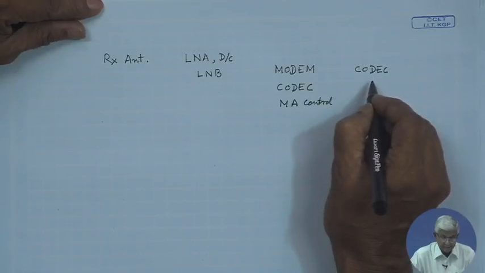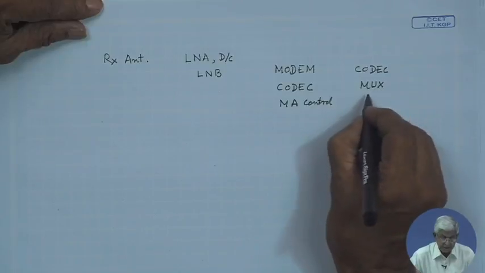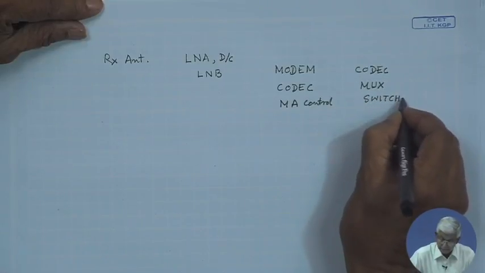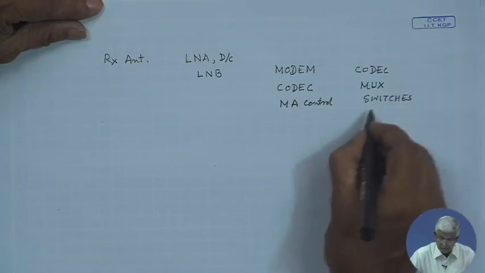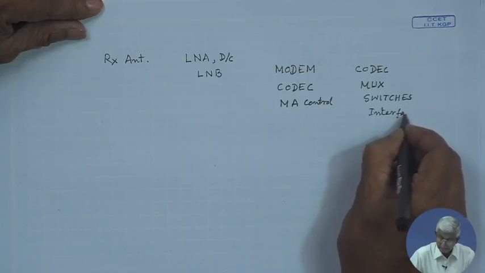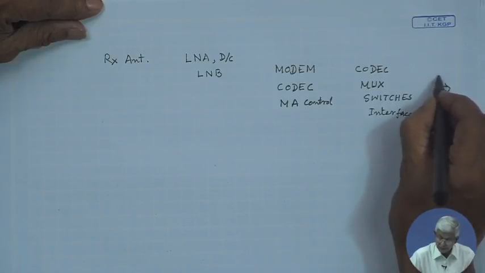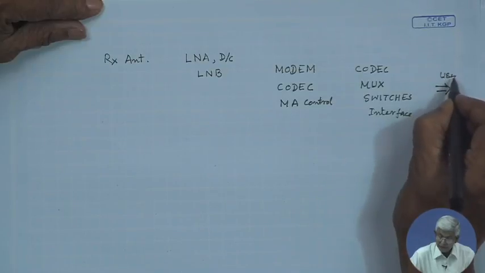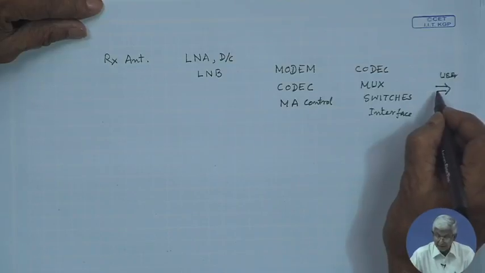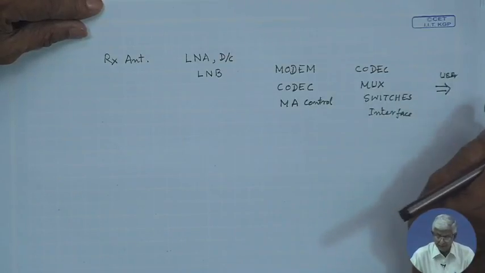And then there may be a multiplexer, demultiplexer, there may be switches, and the interface to the user, and it goes to the user terminal. It can be a TV, it can be simply a speaker, it can be a computer terminal, it can be a storage of a computer, or it can be connected to a LAN.